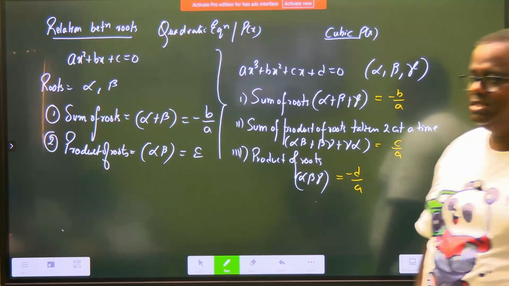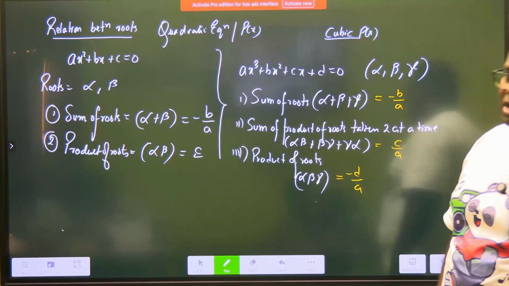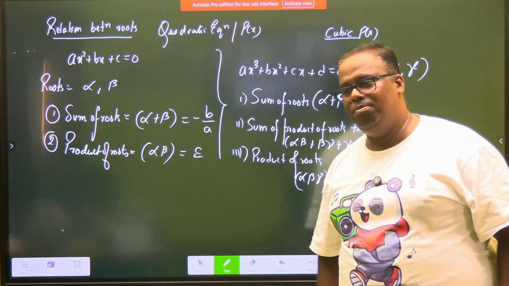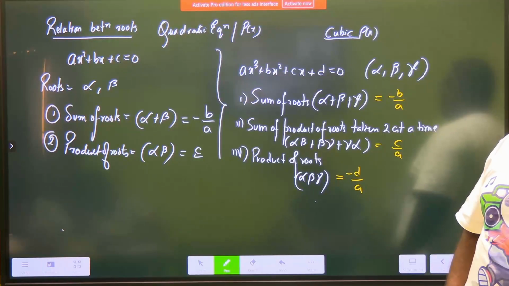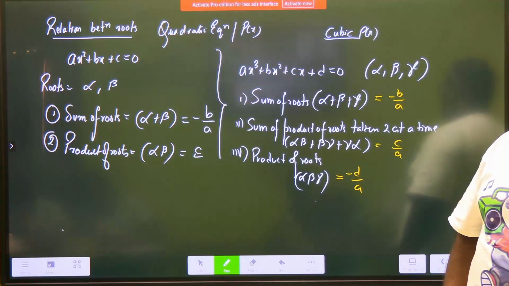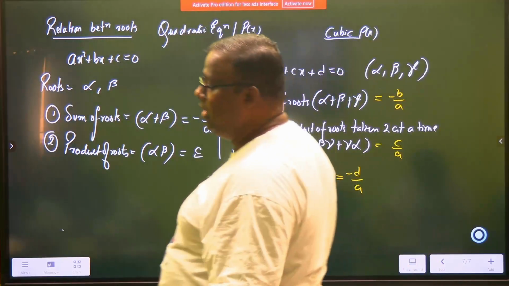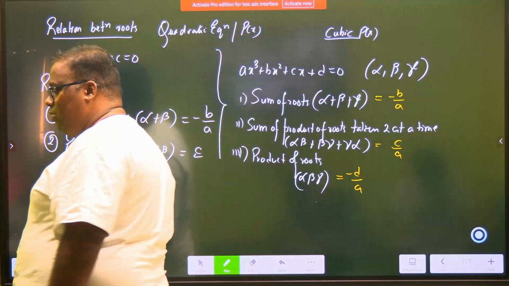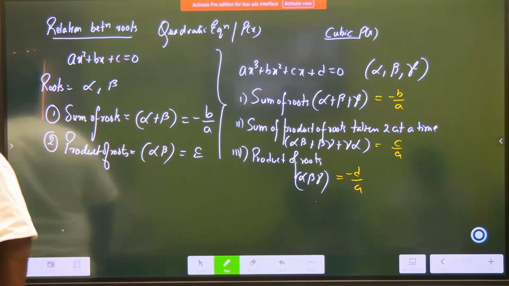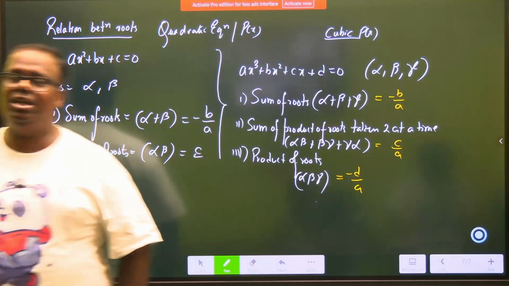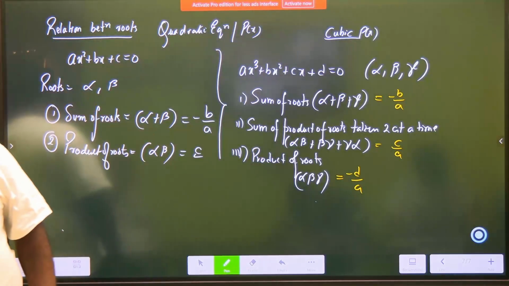Quadratic means sum and product. Cubic means sum, sum of product of roots taken two at a time, and alpha beta gamma. Discriminant, b square minus 4ac. Discriminant equal to 0, then what do we say? It is equal roots. Discriminant greater than 0, roots exist, distinct.